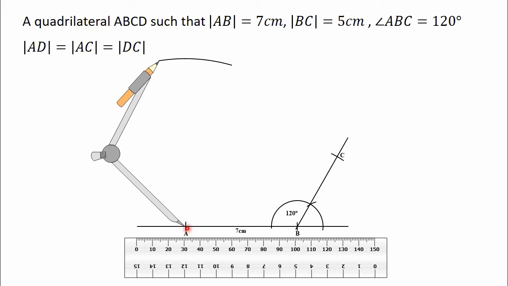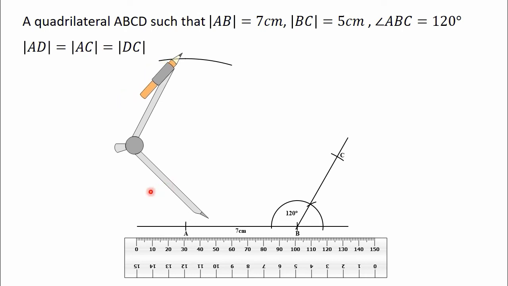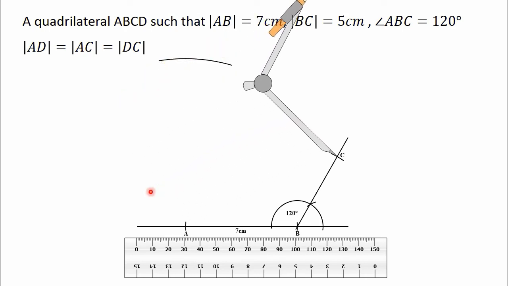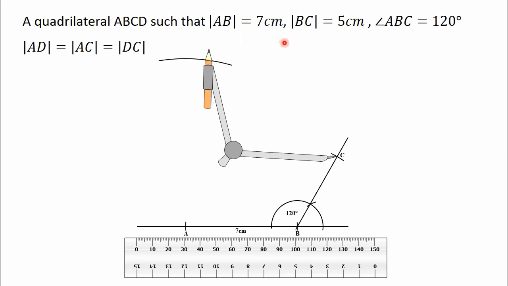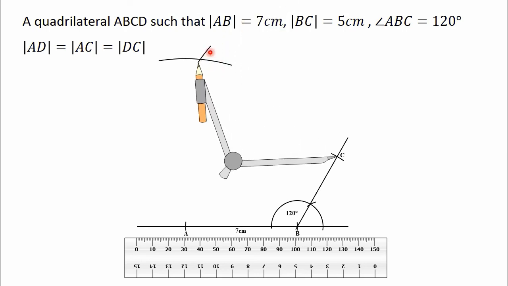That is the distance from A to C, the one that we have already measured on the compass, is the same as the distance from D to C. So we already have the distance from A to C on the compass, and it's the same as the distance from D to C. So to get the exact position of point D, I'll move the needle of the compass to point C. Then I will turn the compass and construct an arc to intersect the first arc that I've constructed. The point of intersection of the two arcs will give us point D.